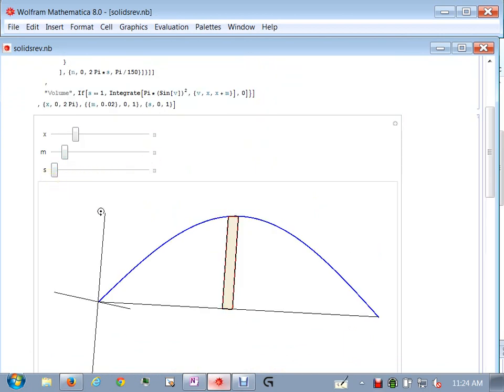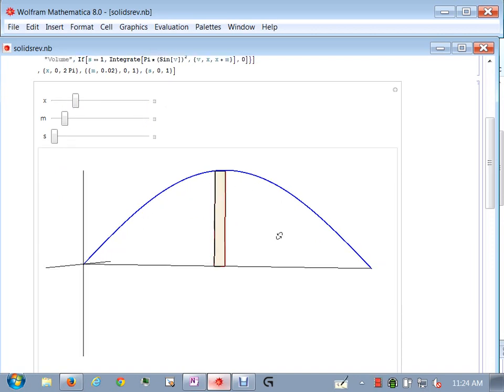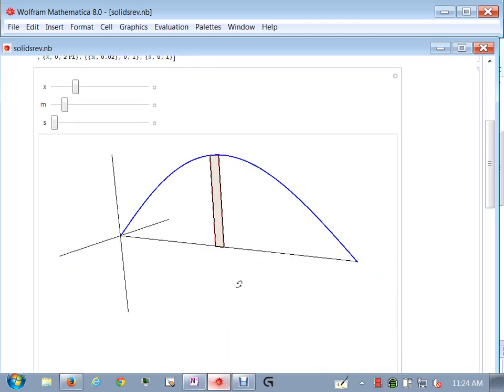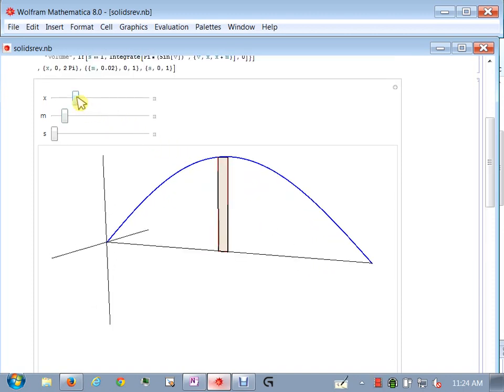It looks kind of cheesy now, but it's just the basic idea of you have a function. We're trying to find the volume of it if you rotate this, right? So if you take just a rectangle like we've done before, this is three-dimensional. You see this? And then you can move where you want that rectangle to be, and you can change the size of the rectangle.